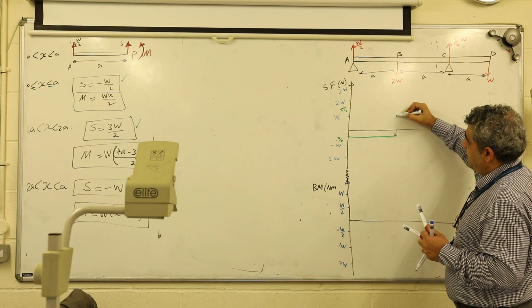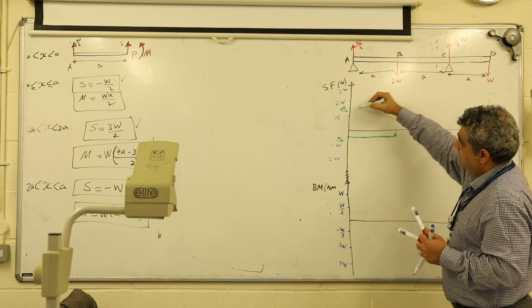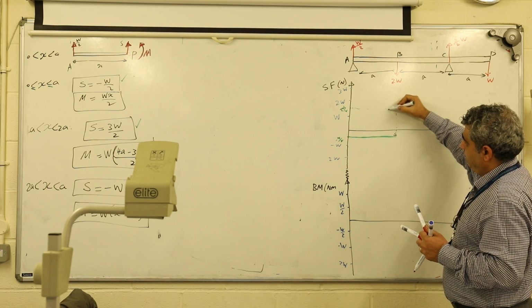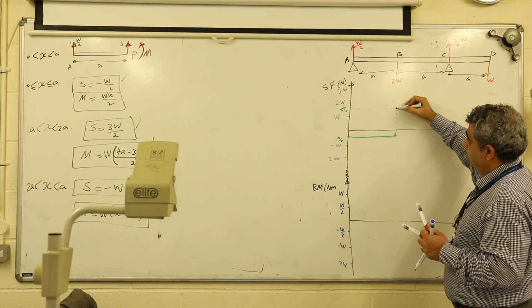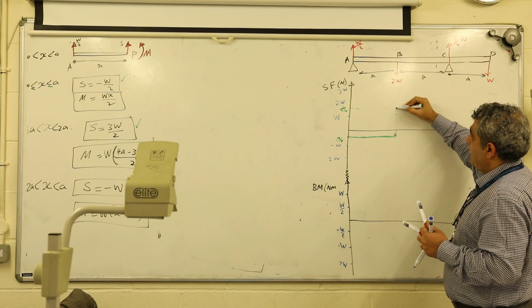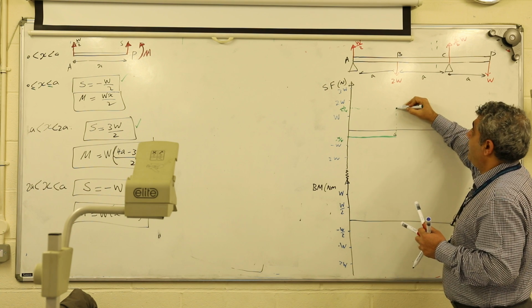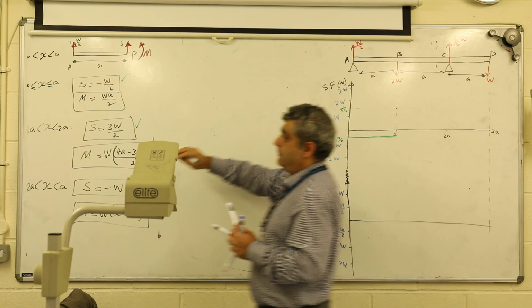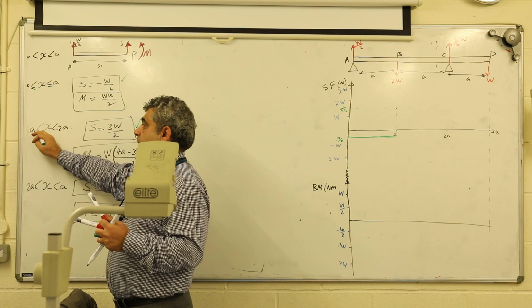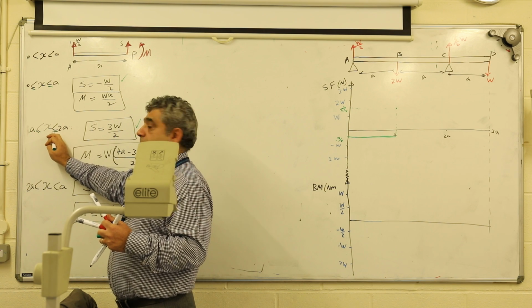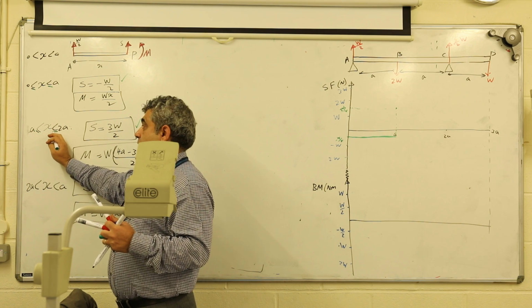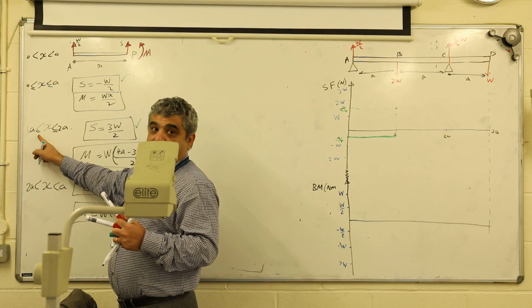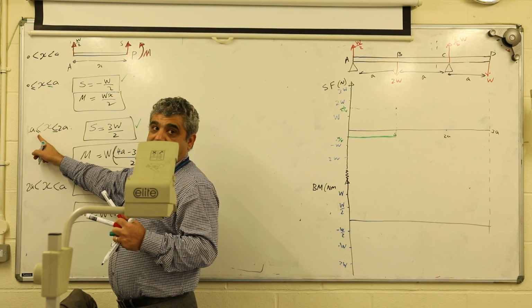At this point you can see that it is 1.5 W across A, and now you can put equal in order to solve it. Why am I doing that? Because you cannot solve it unless we give a value.